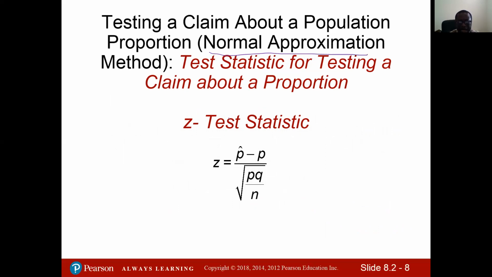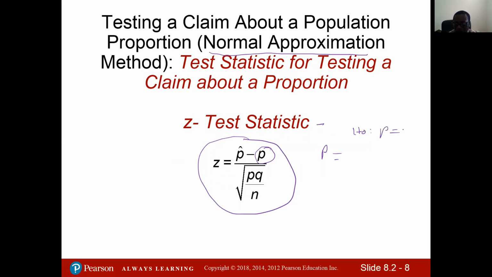And then the test statistic is given by this formula right here. So this is a z test statistic. Now, if you remember in section 8.1, I did use this formula to calculate that. Now again, this p we have here is the test value under the null hypothesis.